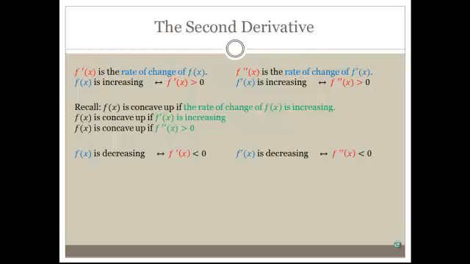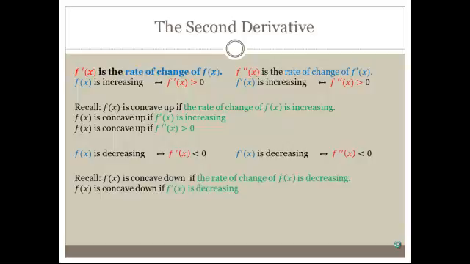Let's use the same logic we did above to understand when f of x is concave down. Remember, f of x is decreasing when its derivative, f prime of x, is negative. So f prime of x is decreasing if its derivative, f double prime of x, is negative. Now remember our definition of concave down is that f of x is concave down if the rate of change of f of x is decreasing.